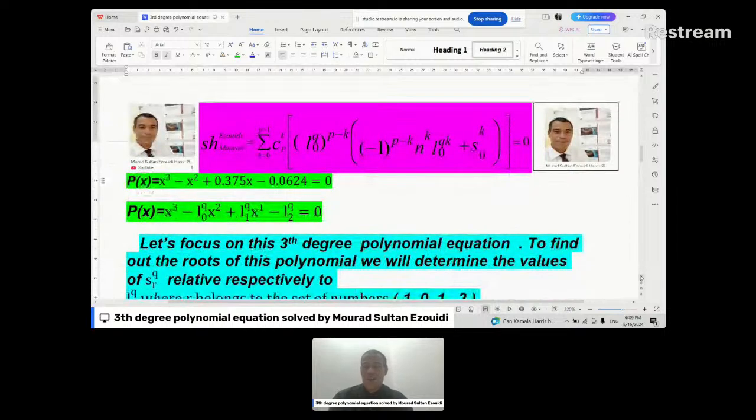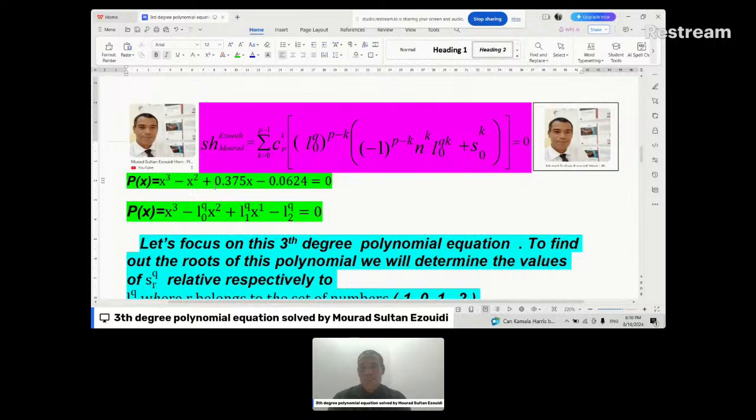So this is our polynomial equation that we are going to find its exact roots, learners. This is p of x equals x raised to the power 3 minus x squared plus 0.375x minus 0.0624 equals 0. I'm going to write my polynomial equation as p of x equals x cubed minus L0 of ODQ x squared. Here L0 of ODQ, learners, is 1, plus L1 of ODQ x raised to the power 1.